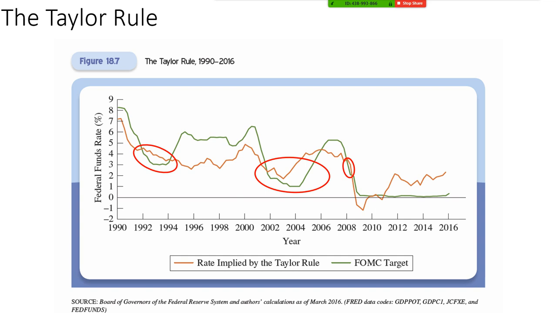So this might be explained by fear of the Fed hitting what's called the effective lower bound. And this is when we get into negative interest rates territory.